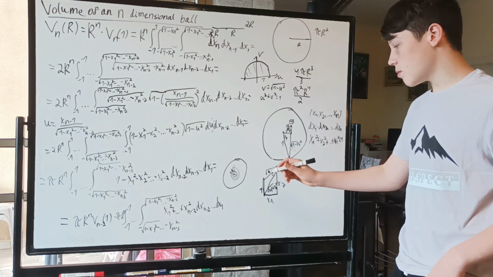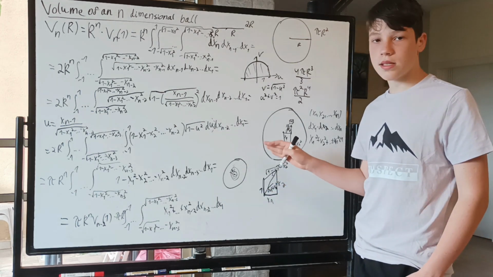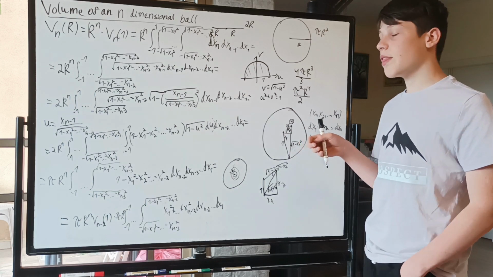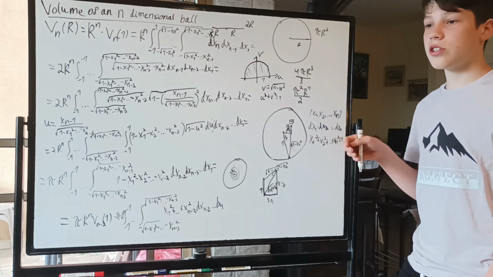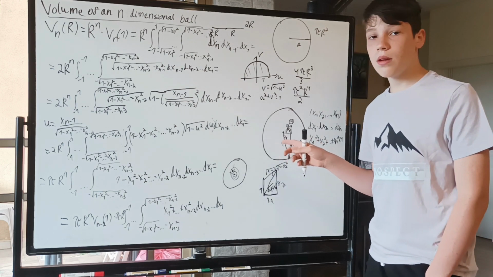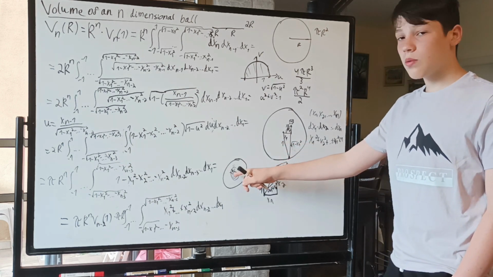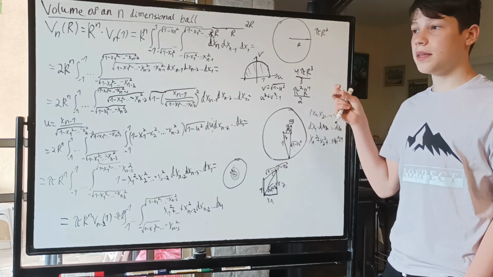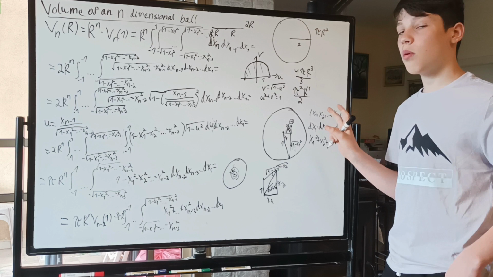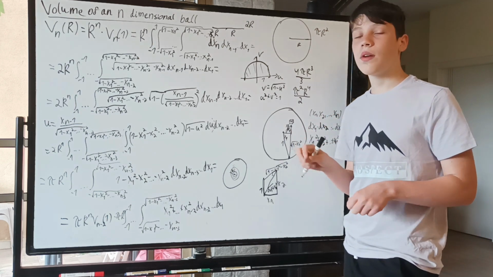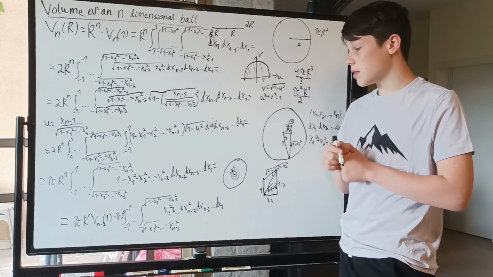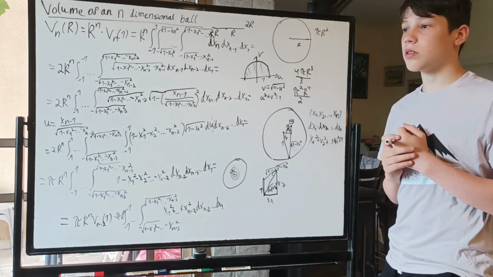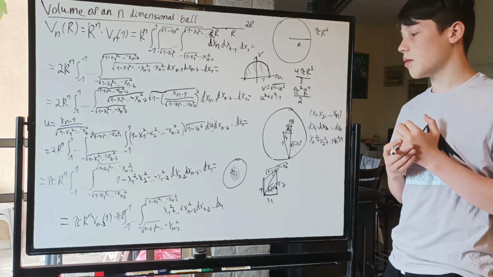So again, to reiterate, we're cutting it into many different spheres, and to average over the radius squared, we'll do the integral of r squared, but we'll also have to account for how many points are on that sphere of radius r. So we'll have to multiply by the surface area of an n minus 2 dimensional sphere with radius r.